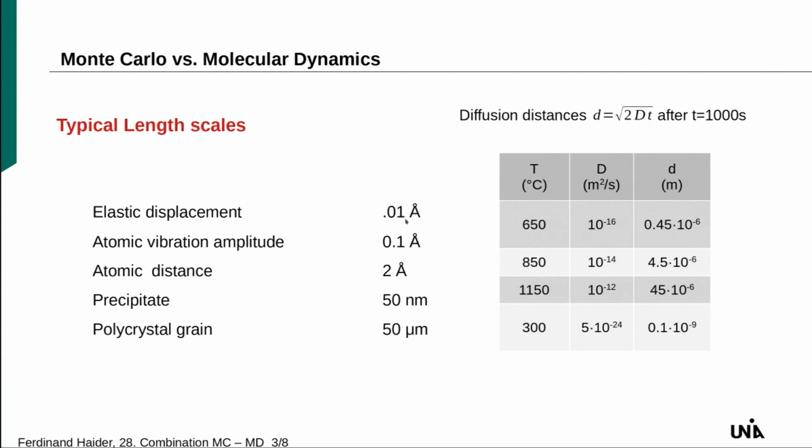Elastic displacements, lattice vibrations, are in the order of a tenth to a hundredth of a lattice constant. So in the range of 0.1 to 0.01 angstrom. Atomic distances, as you all know, are in the range of few angstrom.